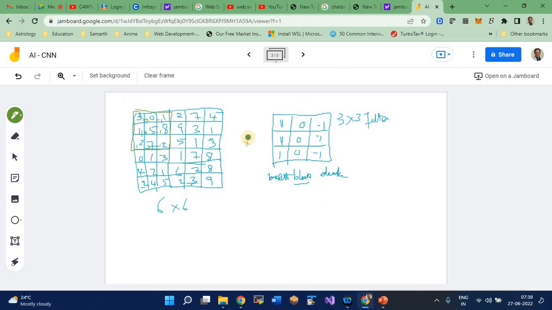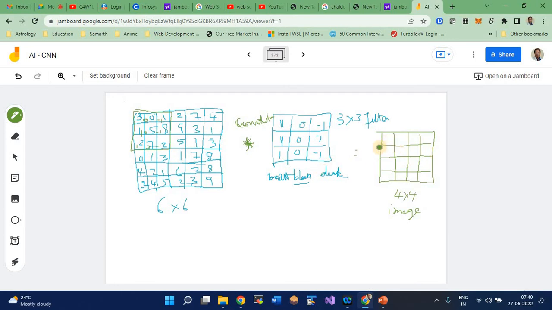Now the symbol of multiplication is called convolution, okay. If I convolve on this, I will get a 4 by 4 convoluted image. I wouldn't say image, it's a convoluted image. Why? Because it might not be the original image, it is modified, because I'm applying the filter on top of it. Whatever numbers come out of this might be different, right?